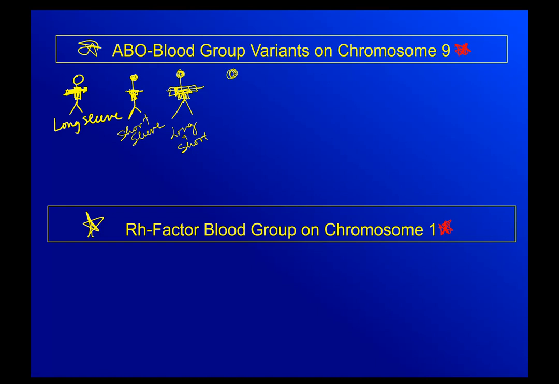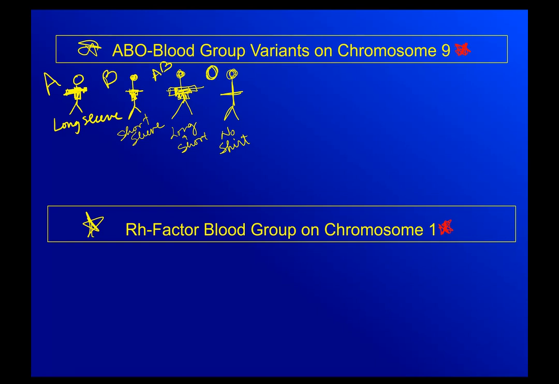Or I can be really, really cray-cray, and I can wear no shirt at all. Okay, so let's say these are my options when it comes to A, B, and O. I've got A showing, I've got B showing, both A and B, and when I don't have any shirt at all, that's called O.